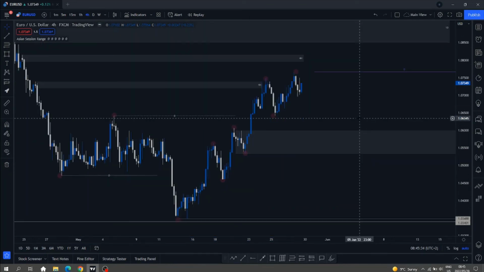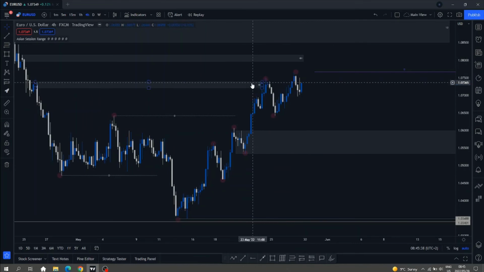So from an intraday point of view, we can see that price action has mitigated, but essentially violated this 4-hour supply. The next area that we could potentially see price action pushing towards would be this particular 4-hour supply in and around 107,965, right?